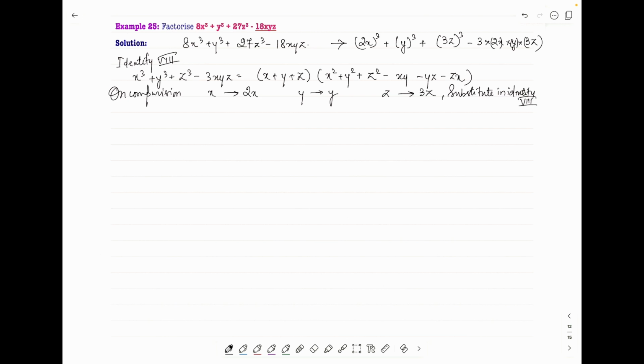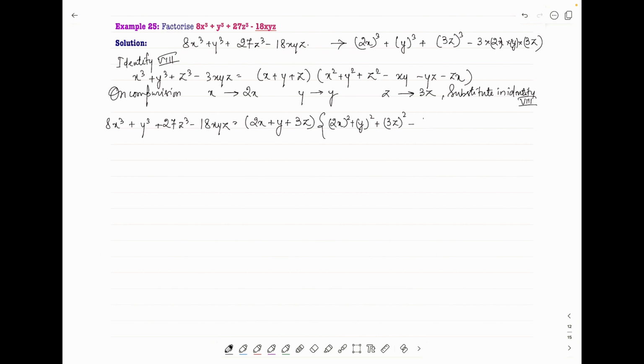You will get 8x cube plus y cube plus 27z cube minus 18xyz equals, instead of x we are going to write 2x, instead of y only y, instead of z we are going to write 3z. Instead of x square you are going to write 2x whole square, instead of y square y whole square, instead of z square 3z whole square.